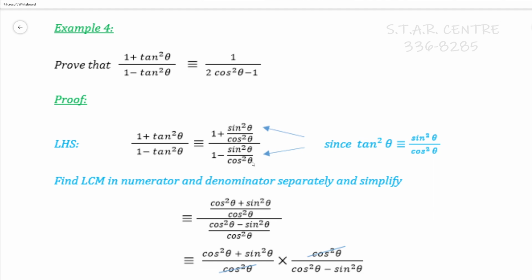So similarly, when we are simplifying fractions in maths, if I have 1 plus 2/5, then our denominator for 1 is also 1. Our LCM is 5.